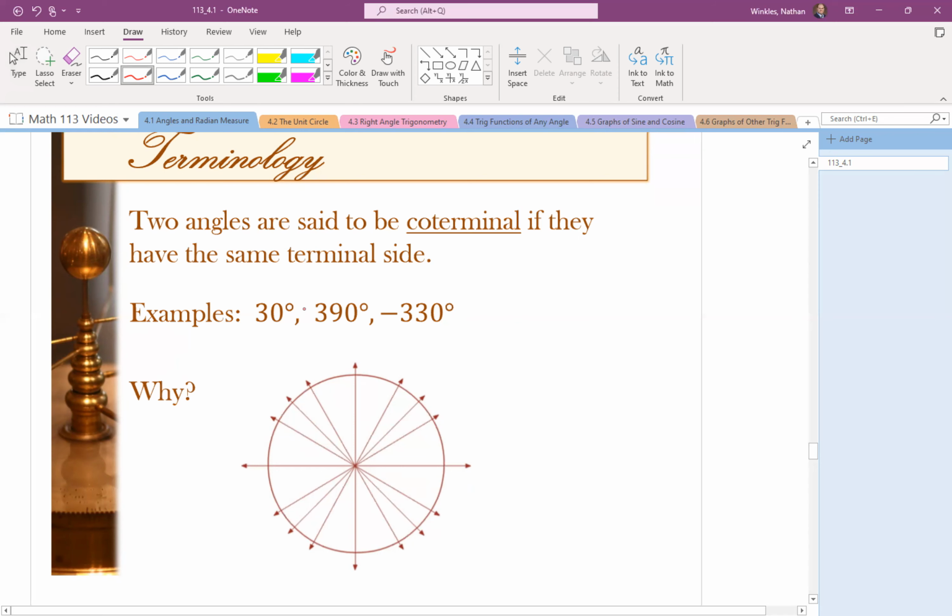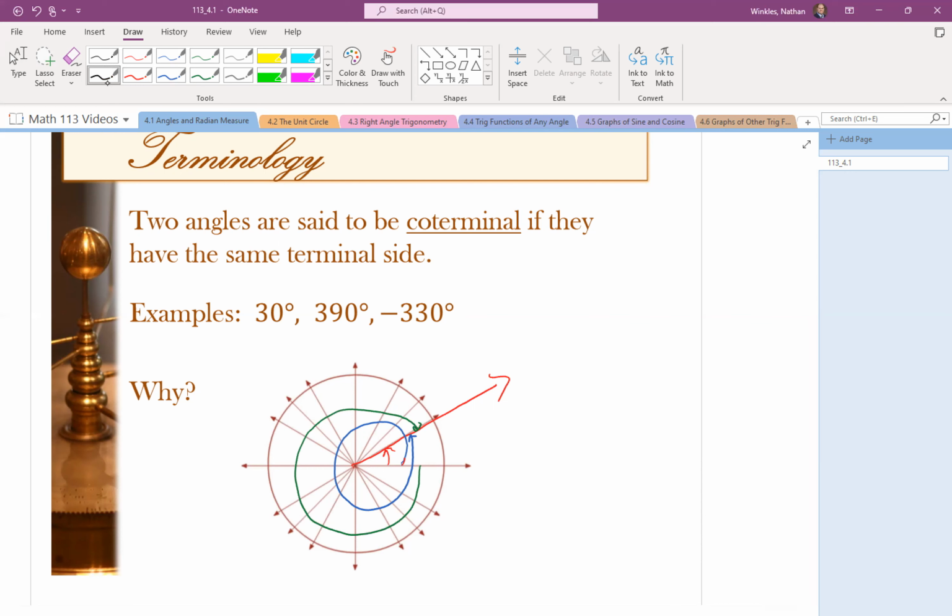So 30 degrees is this line right here. 390 degrees is this line right here. And negative 330 degrees gives me here.